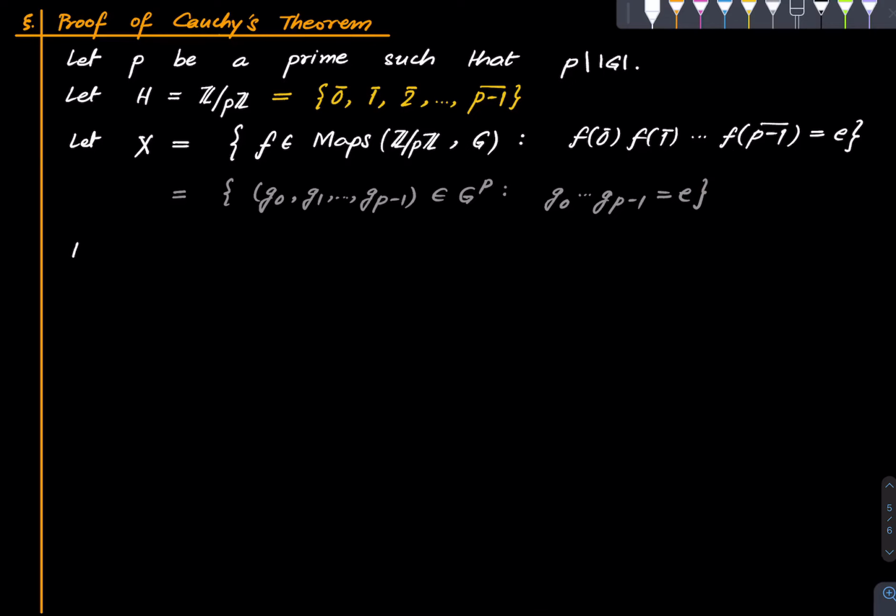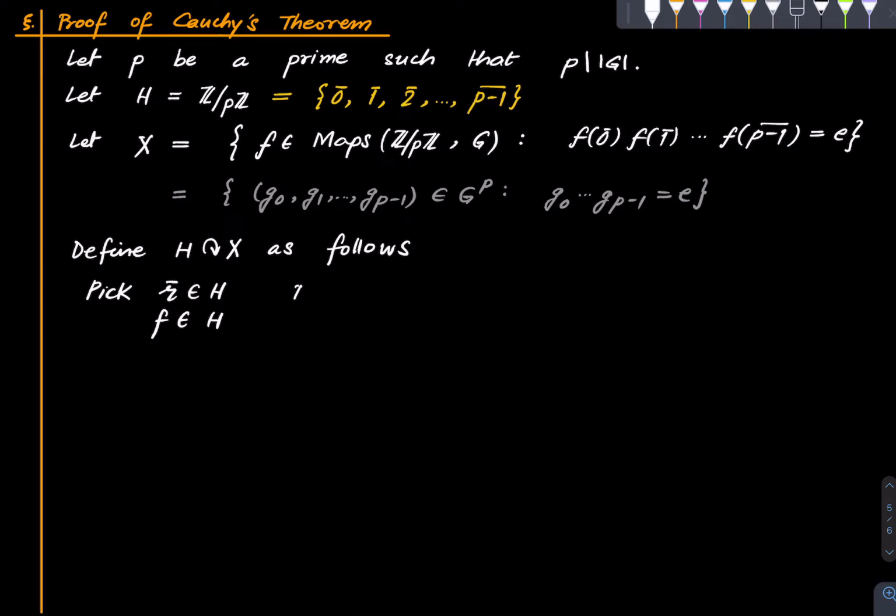So define an action of H on the set X, r dot f, as follows. Pick r bar in Z mod PZ, or in H, and f in X. f is a function from Z mod PZ to G with this property.